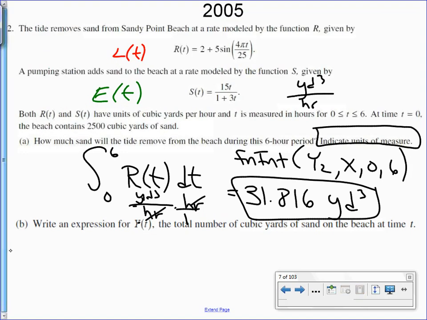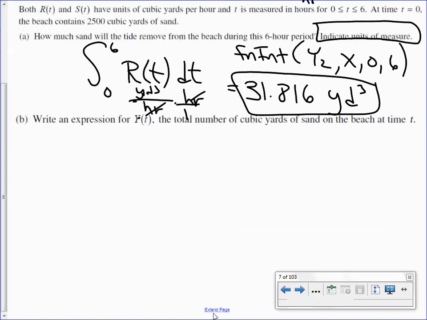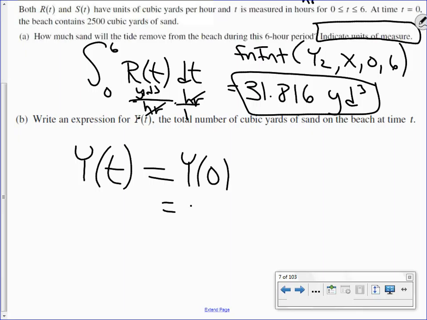Okay, part B. Write an expression for y of t, the total number of cubic yards at time t. So we have to come up with the number of yards at time t. It's just going to be an expression. What we start with, y of 0, which we know is how much? So that's 2,500.